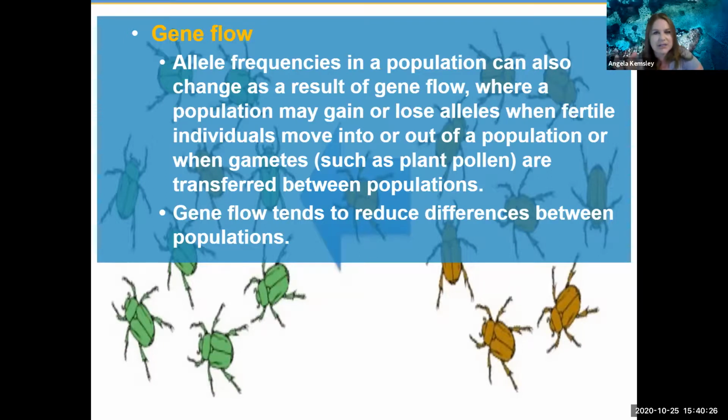So the genetic diversity of population A could actually go down, and the genetic diversity of population B could actually go up, depending on which genes those individuals are carrying. But that's the idea of gene flow, is that some individuals leave group A and then they go to group B, and they're going to breed with the individuals in group B, introducing new genes. So that's the idea of gene flow.